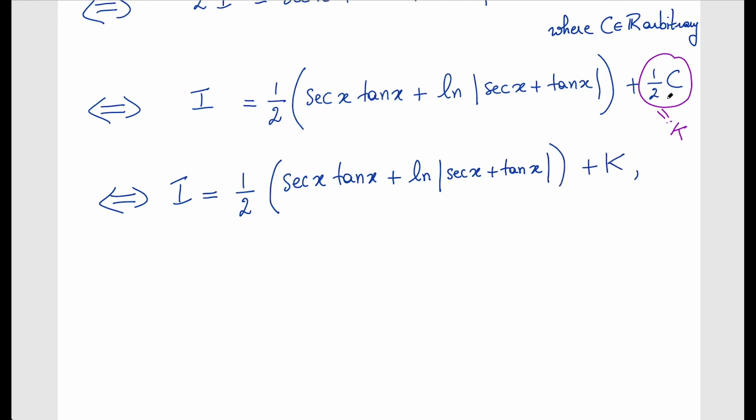Because c was arbitrary, half c is still arbitrary. So where k is an arbitrary real number. Okay.